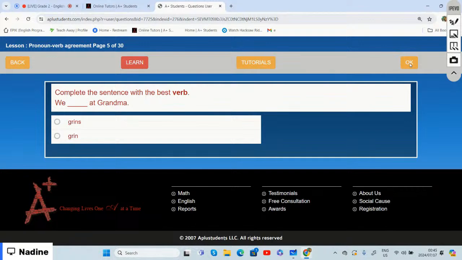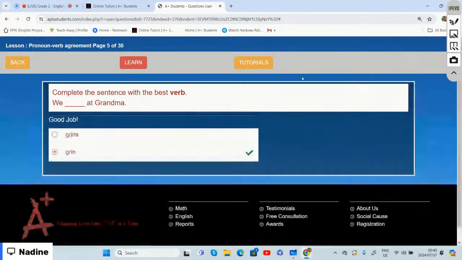This is the last one. And if we were to choose the correct one, we will say we refers to more than one person, which is a plural subject or subject pronoun. Then we say we grin at grandma. All right.